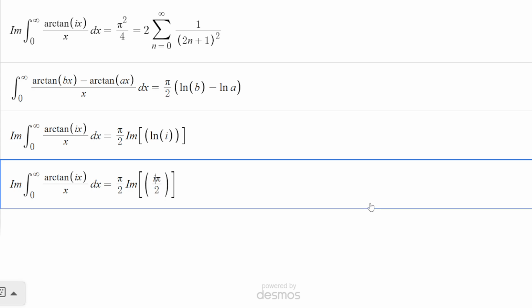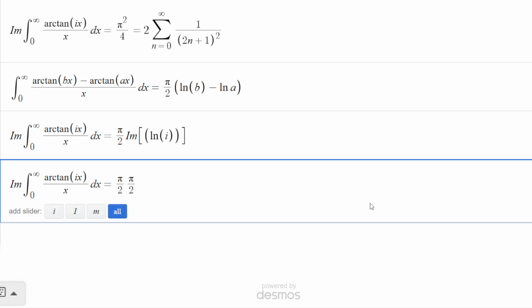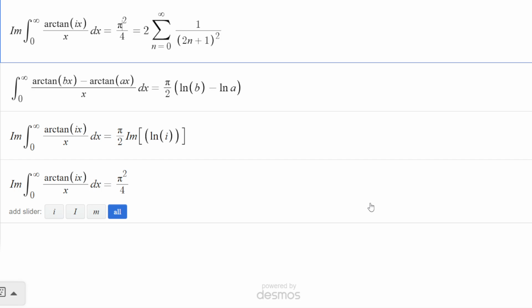Taking its imaginary part, we end up with pi over 2 here. So we get pi squared over 4. Great, so we've shown that the imaginary part of that is equal to pi squared over 4.